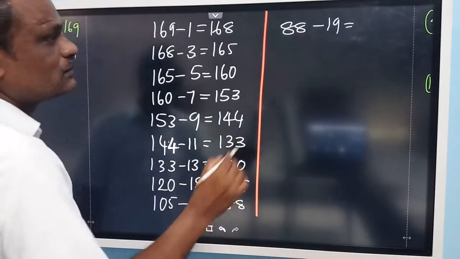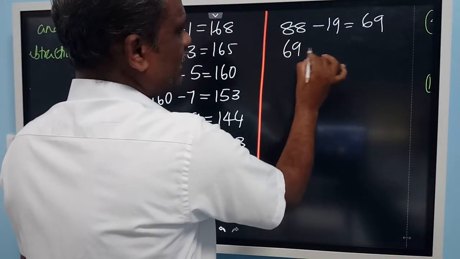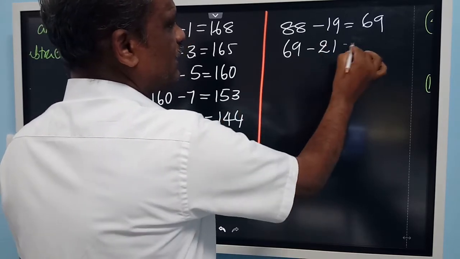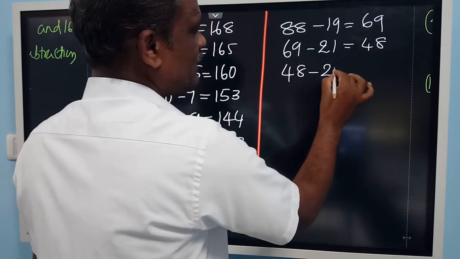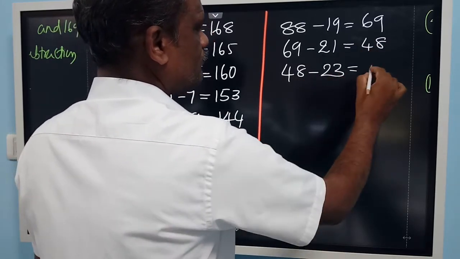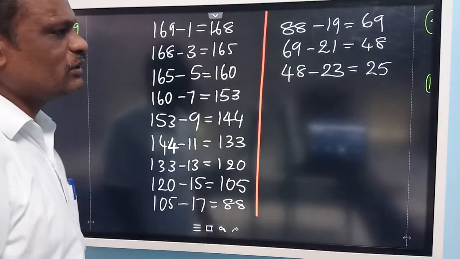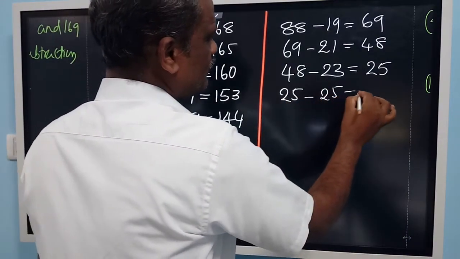69. 69 minus 21, 48. So 48 minus 23 is equal to 25. Then 25 minus 25, 0.